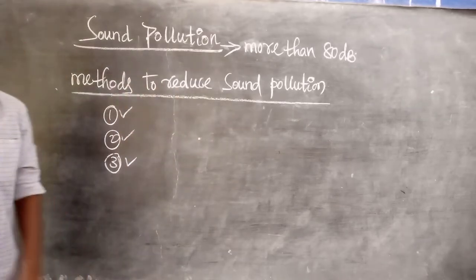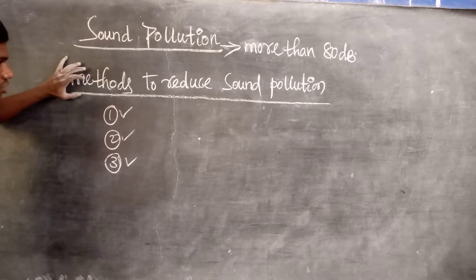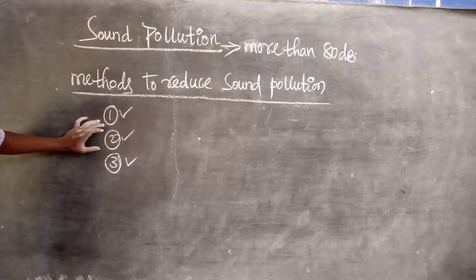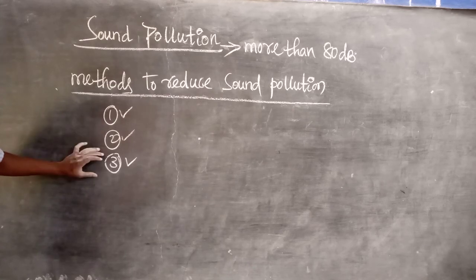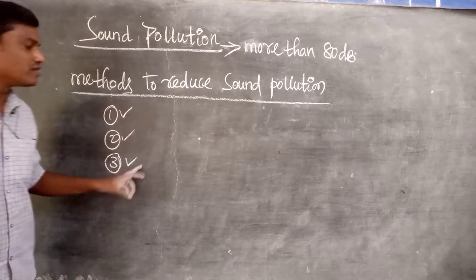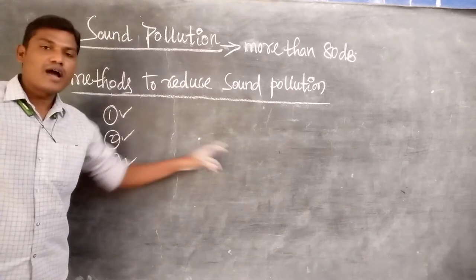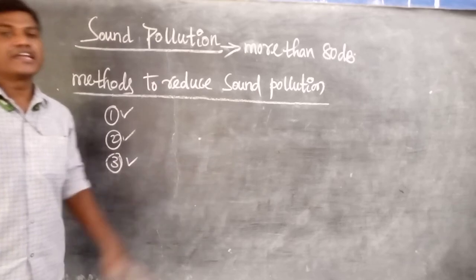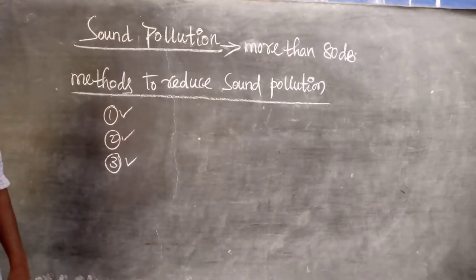These are the three important ones. So the methods to reduce sound pollution are planting trees, using better silencers for vehicles, and reducing the volume in home theater, TV, radio, and in marriage functions and DJ parties.